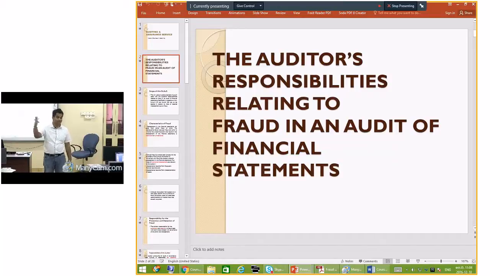But if it is a management fraud, it impairs management integrity. How do you rely on the management? So it is a very important area, and you will find many issues in these areas from a practical perspective.